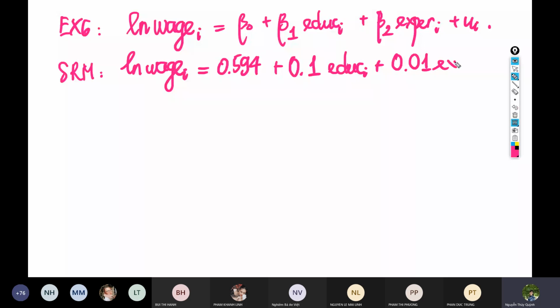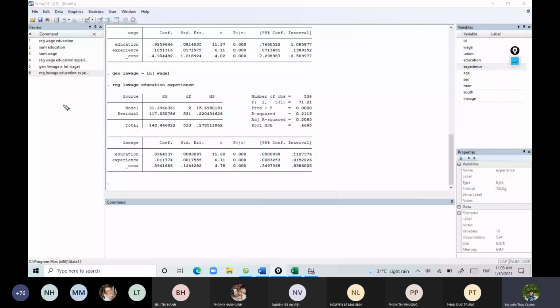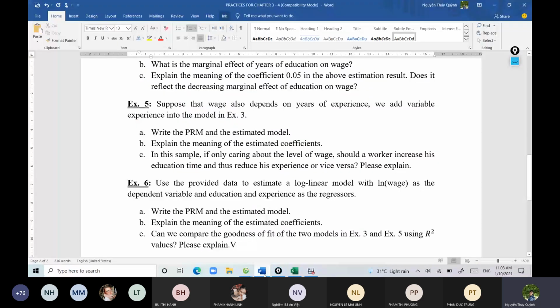This is the sample regression model. And what is the second question? The second question is: explain the meaning of the estimated coefficients.